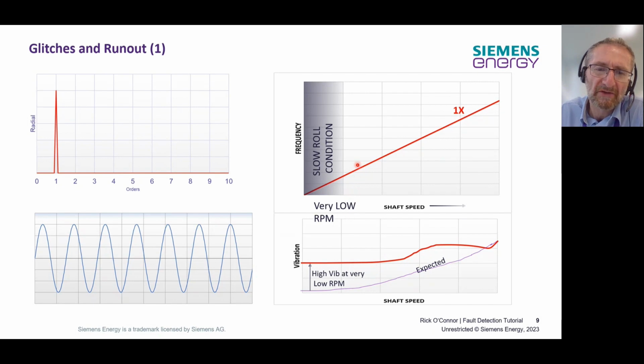And then you get down into what we refer to as slow roll condition. This is where the machine is running very slowly, to the extent that it's not physically possible to move the amount that the instrumentation is telling you it is. So here you can see this is much higher. If this thing is only just turning over, how can we have so much displacement?